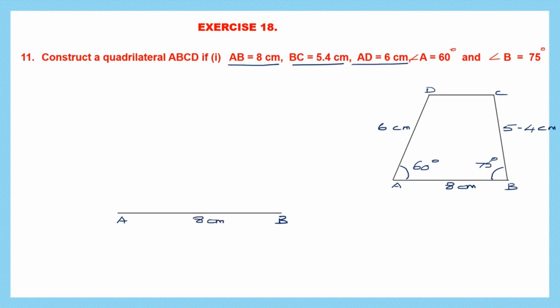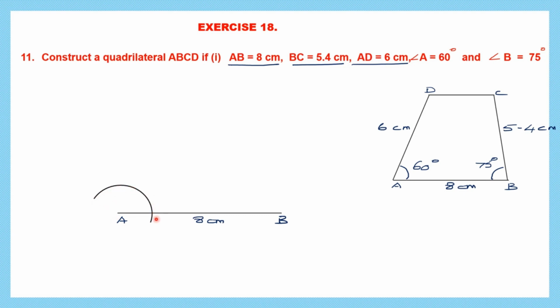Now in the next step, we're going to construct 60 degrees at A. Now all of us know how to construct 60 degrees with the help of a compass. Now you can also use a protractor based on the instructions given by your teacher. Now if you're going to use a compass, then we draw an arc taking a suitable measurement on our compass. By placing the needle of the compass at the point A, draw an arc.